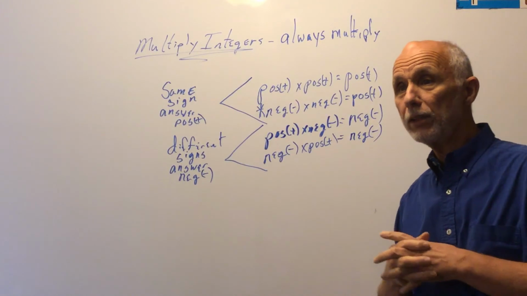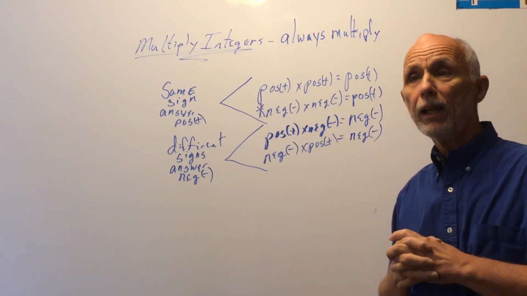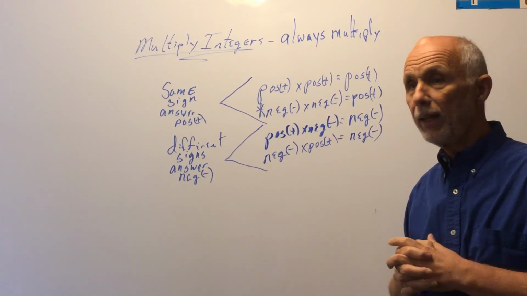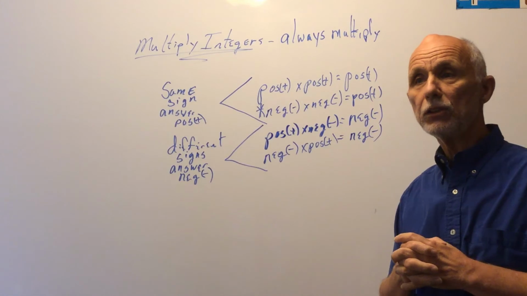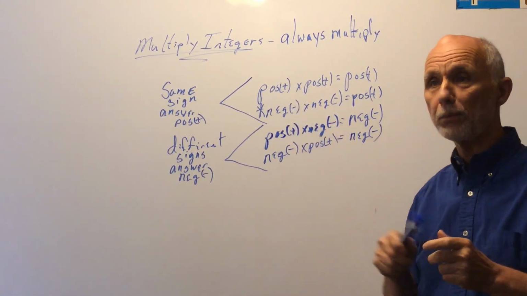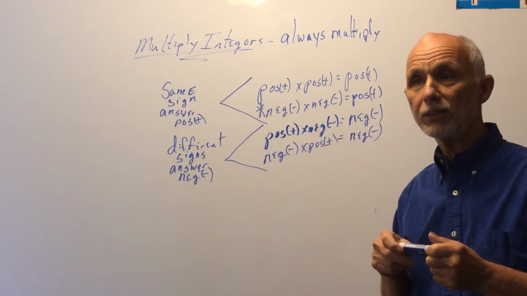By the way, about 10 or 12 years ago now, time flies so fast, I taught a little girl named Alexandra Ibieta. And Alex came one day to class and she said, Mr. Dew, a friend of mine told me an easier way to remember the rule for multiplying than same signs answer positive, different signs answer negative.